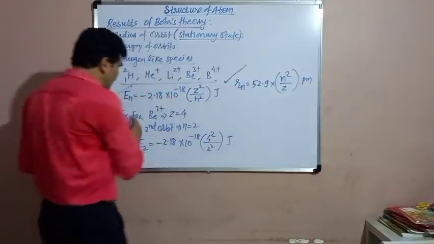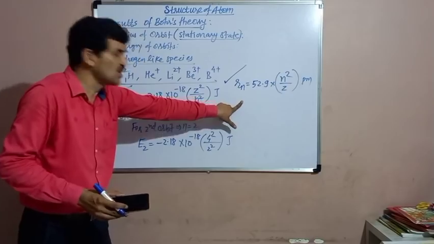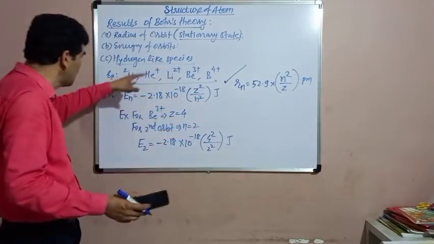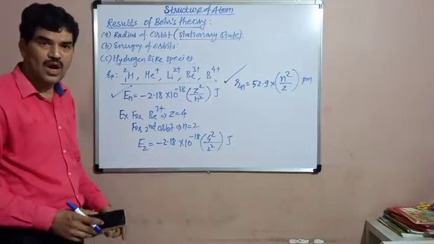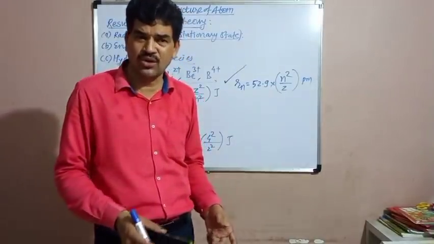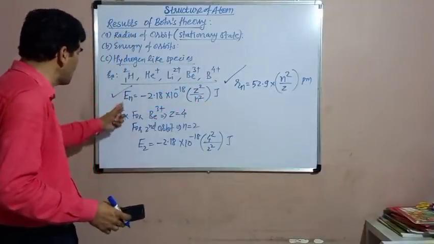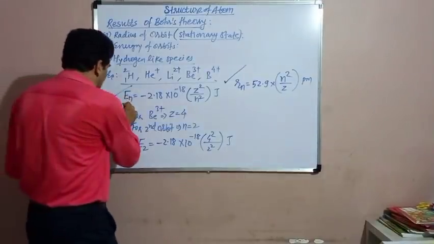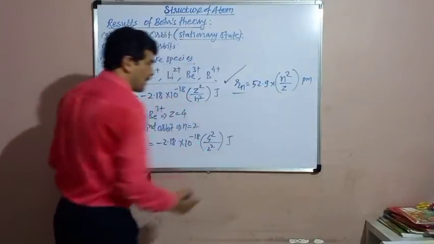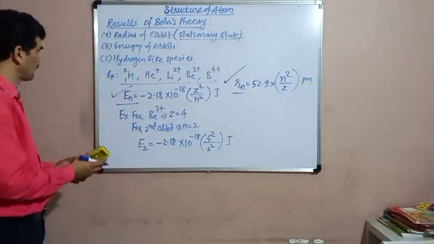These are the formulae applicable to calculate the energy and the radius of any orbit in the hydrogen-like species, not hydrogen. Already we have studied the formula for hydrogen. So by using these formulae, we can calculate the energy and the radius of any orbit in the hydrogen-like species.